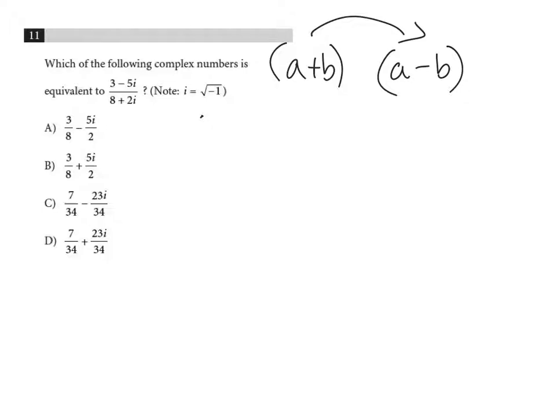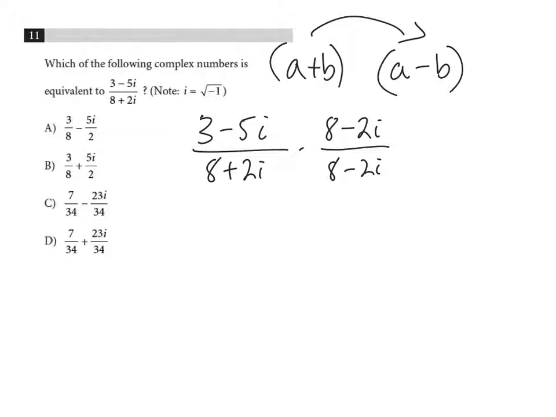Okay, so let's multiply the top and the bottom by the conjugate of the denominator. We're going to get (3 minus 5i) over (8 plus 2i), and we're going to multiply that by the conjugate of the denominator, which is 8 minus 2i.